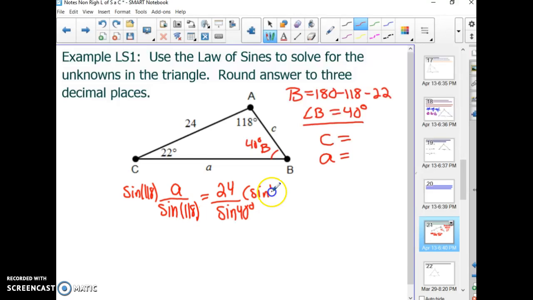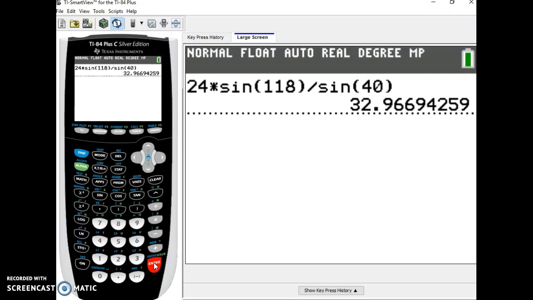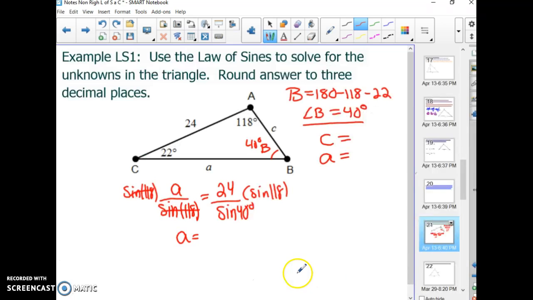Now I just have to plug and chug. I get 24 times the sine of 118, remember to close it, divided by the sine of 40 degrees. That gives me a side length of 32.97 units.